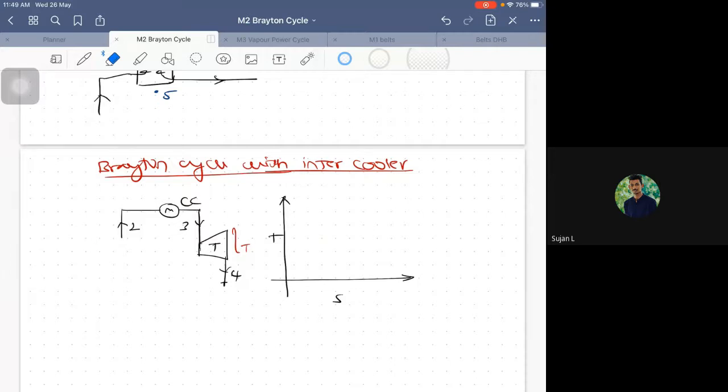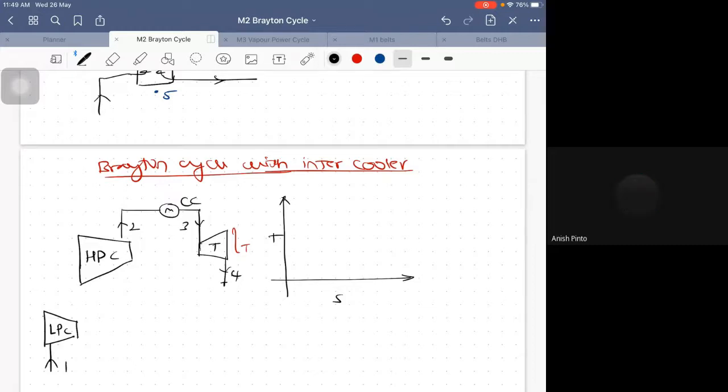For example, there would be 2 different compressors like this. One would be an HP compressor, and another would be an LP compressor. So air first enters here at state 1. This is the LP compressor. This is the HP compressor. What do you mean by HP compressor?